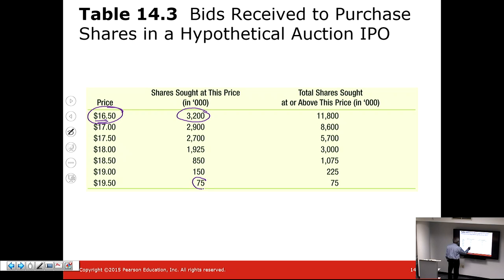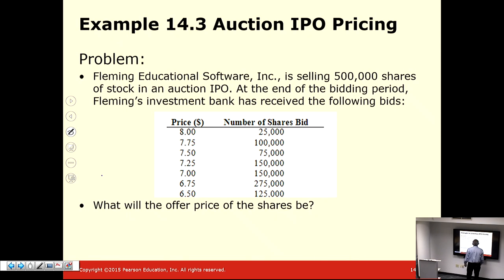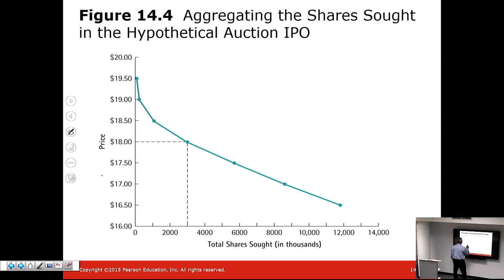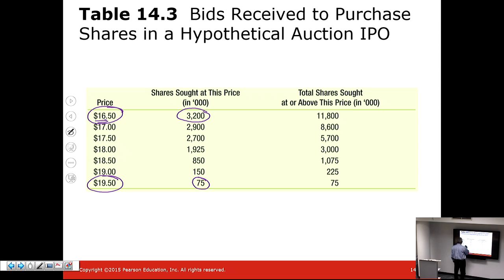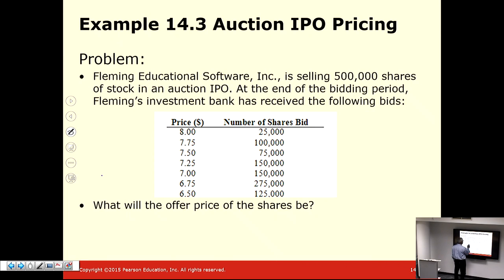Another company said they will buy 75,000 shares at $19.50. So what do we do over here then? Based on the bids that we have received, let's use this as an example.